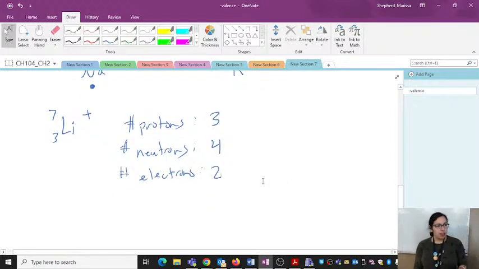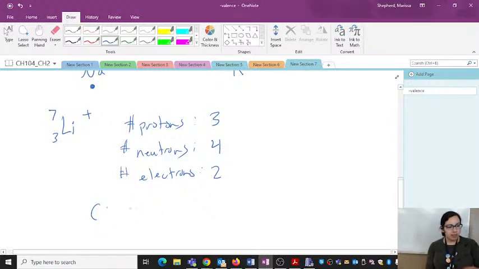Excellent. With the charges, there are a couple of ways to think about it. Protons are positive, electrons are negative. So if you have a positive charge, you know you've lost an electron. Or you could formally write it: the number of protons minus the number of electrons, since electrons are negative.